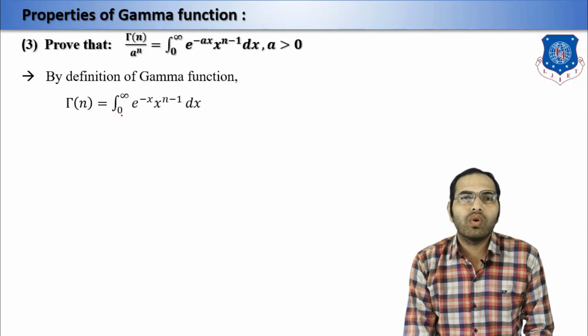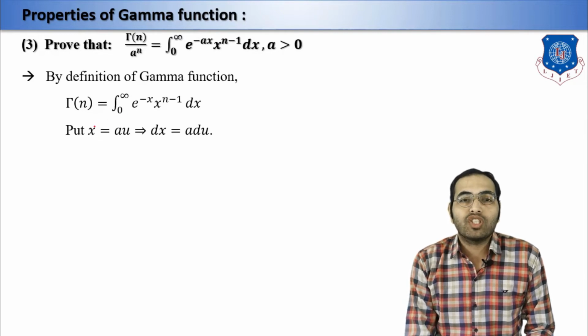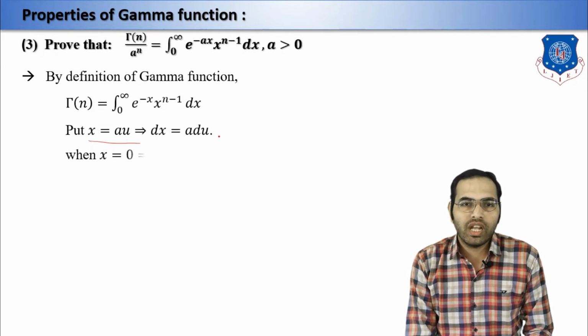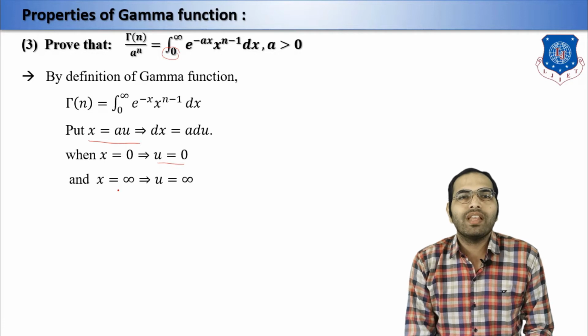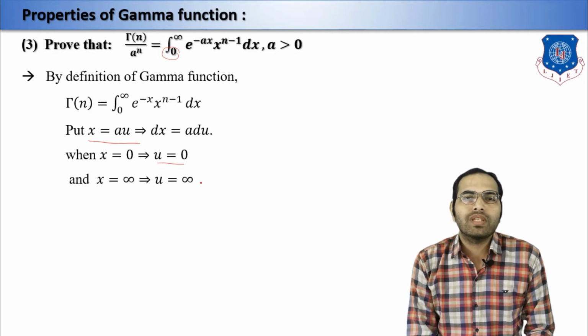Then gamma n equals the integral from 0 to infinity of e raised to minus x, x raised to n minus 1 dx. Here we have the function in terms of ax, so we assume x equals au, then the derivative is dx equals a du. Whenever x equals 0, u becomes 0, and when x equals infinity, u becomes infinity.